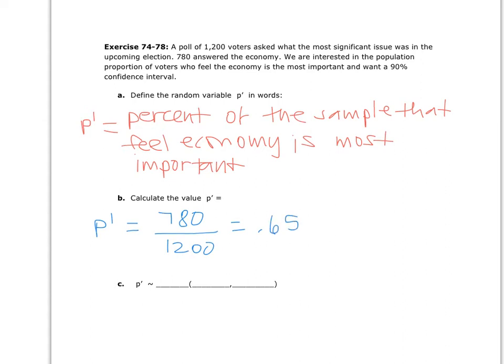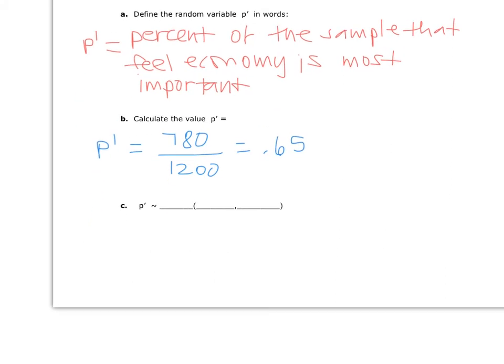Now we can use that to determine the distribution. So we're going to say that it's normal. We have to use that 0.65 to estimate that distribution. And then the standard deviation is we're going to take that 0.65, multiply it by 1 minus 0.65, which is 0.35, divide by n, which in this case is 1,200.